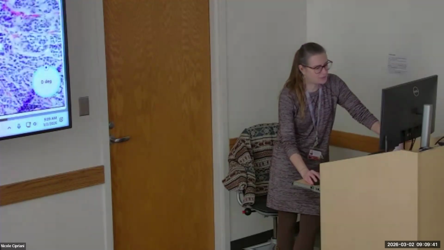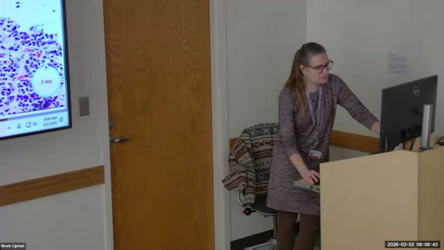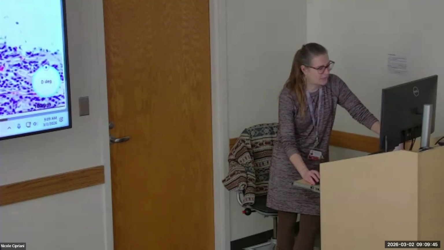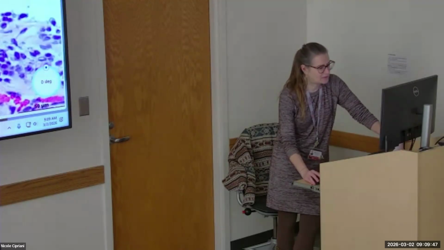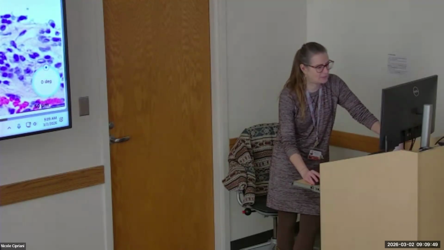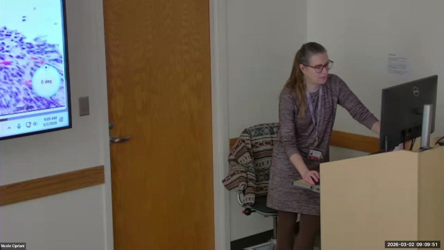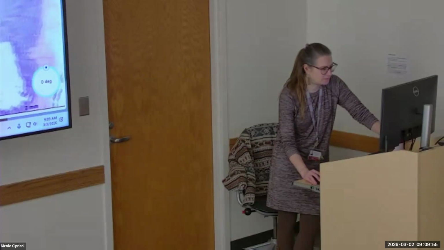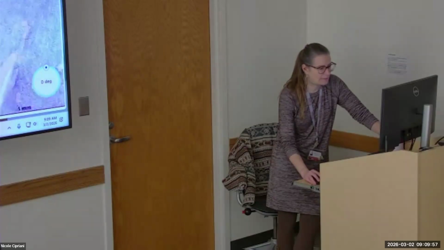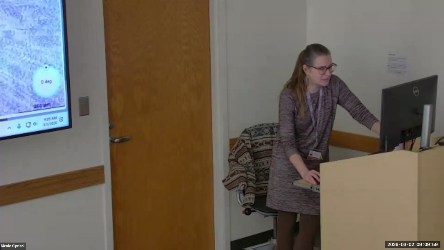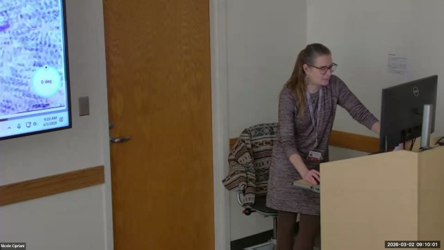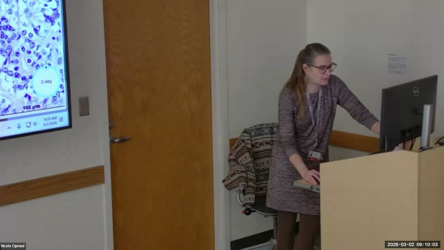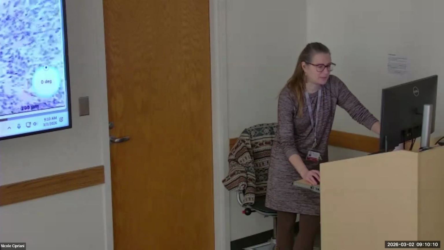And maybe you can appreciate how these are duct forming, and maybe it's not a great core biopsy, but there's a plump myoepithelial cell layer in the background. And if you look at the resection, you might be able to find these more eosinophilic luminal epithelial cells and these very clear myoepithelial cells.